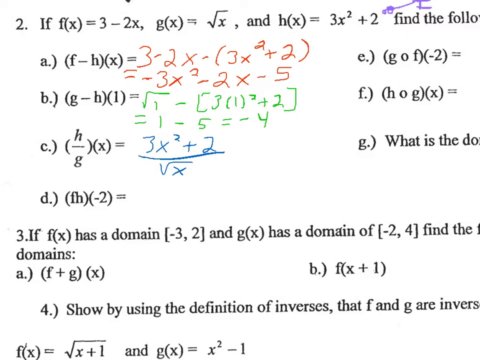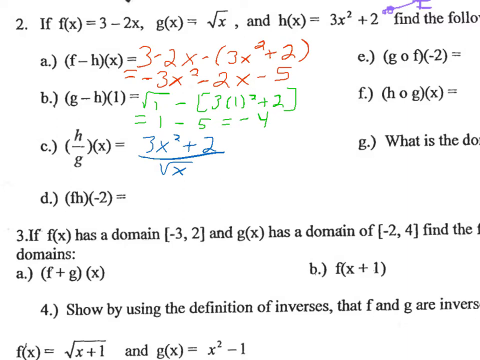For D, we want to find f times h of negative 2, or f of negative 2 times h of negative 2. We could do this a different way than we did B. We could actually find the equation first and then plug in negative 2. Actually, it would be easier just to find f of negative 2 and then h of negative 2 and multiply them together.